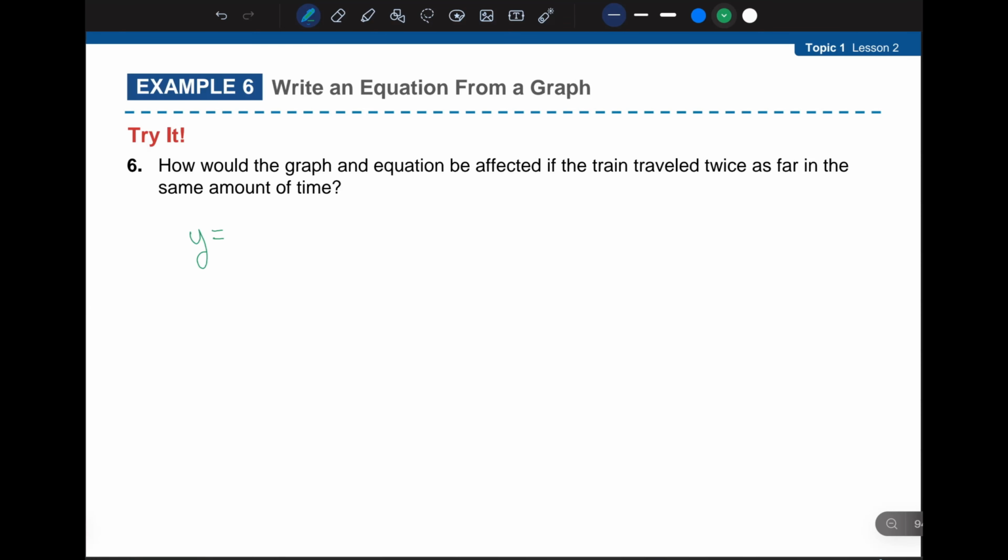So that means I have to take 2 and multiply it times everything that I have. Well, right now what I have is negative absolute value of x minus 15 plus 15. If I take everything times 2, that would give me negative 2 absolute value of x minus 15 plus 30.